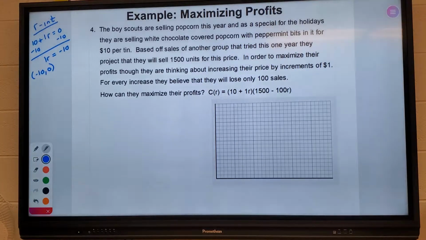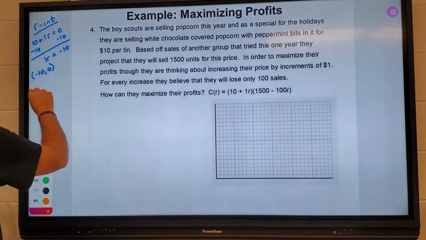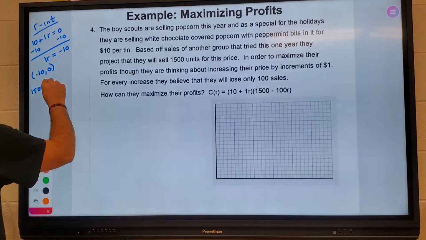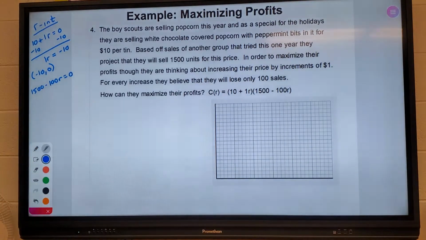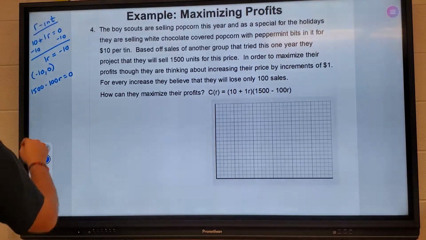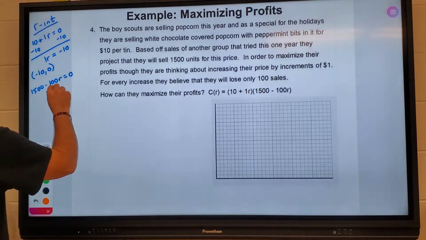Okay, and then doing the other one, I have 1,500 minus the 100R equals 0. Here, because the R is again a minus, instead of losing that minus sign by moving the 1,500, I'm going to move the 100R. So I'm going to add 100R to both sides.